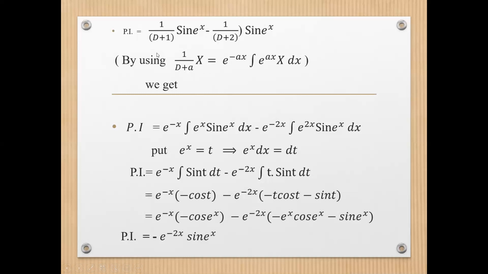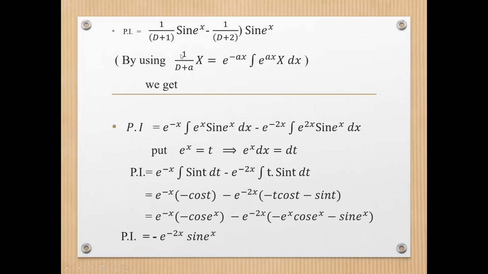Using this formula, the first term can be written as e raised to minus x integration e raised to x sin e raised to x dx.